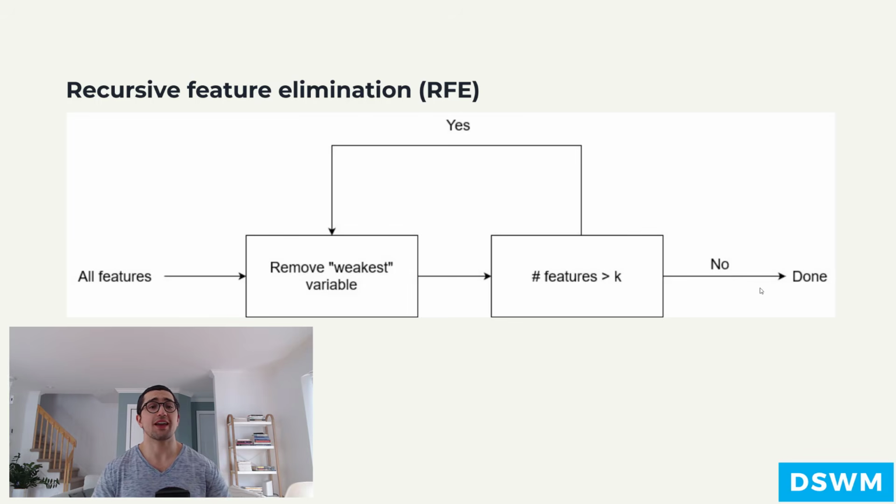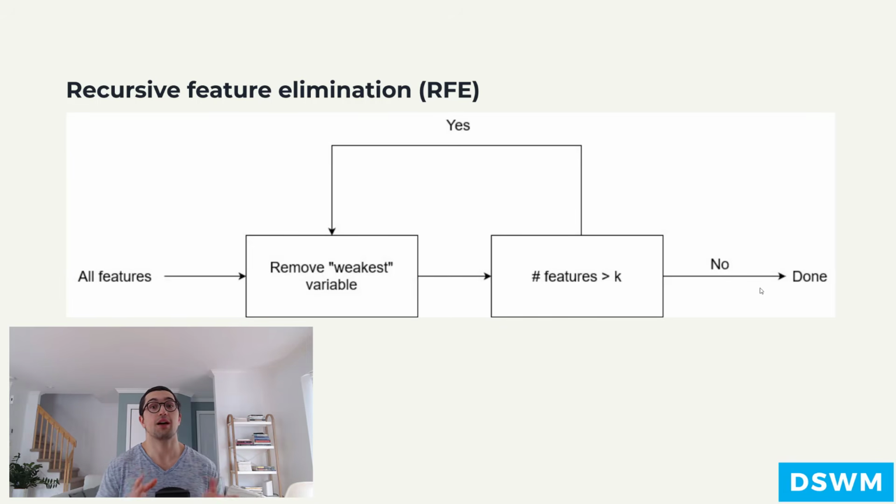And the way it works, again, is really simple, right? Take all the features, feed them to the algorithm, and then using the model, in this case our gradient boosting classifier, we're going to compute the feature importance, and then we are going to remove the weakest variable. Then we check: is my number of features greater than a certain threshold, k? So you can tell the algorithm, I want to use only 5 features.